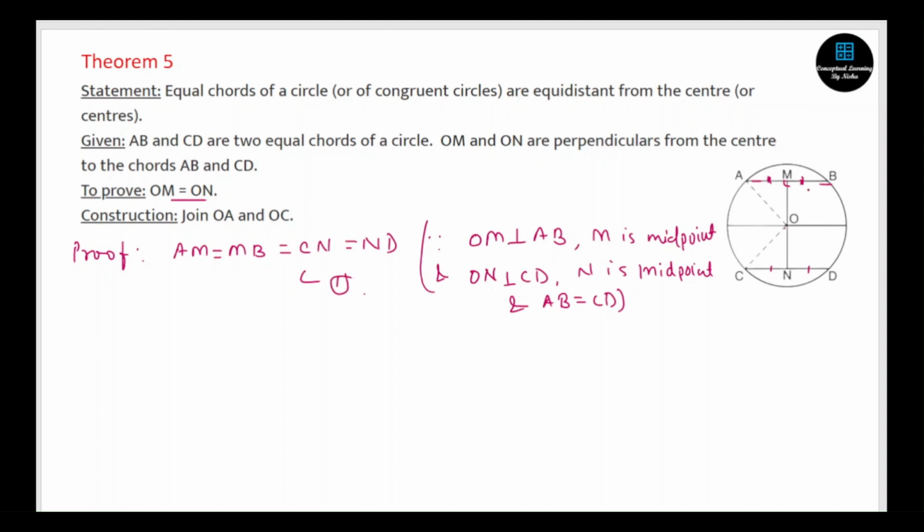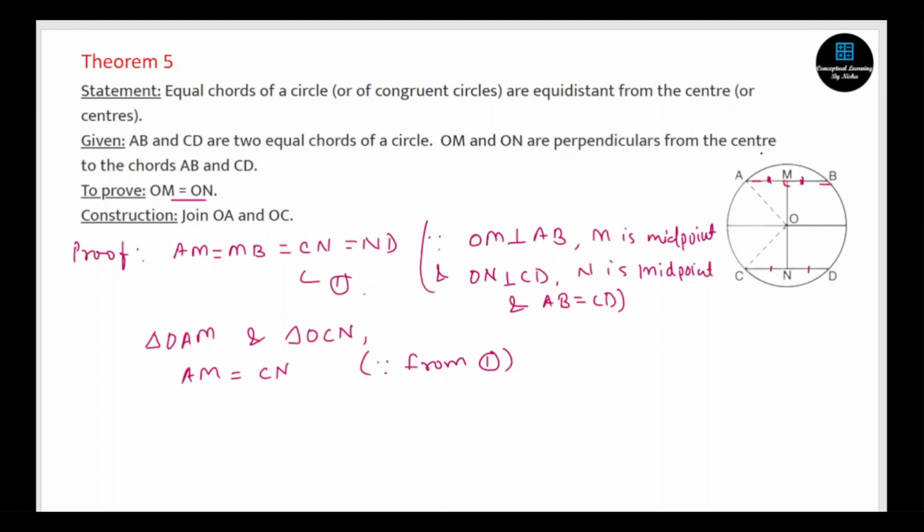Now I can say these two triangles. Which are they? Correct, triangle OAM and triangle OCN, right? So from result 1, what I can say, AM is equal to CN from 1, correct? We already proved it here.